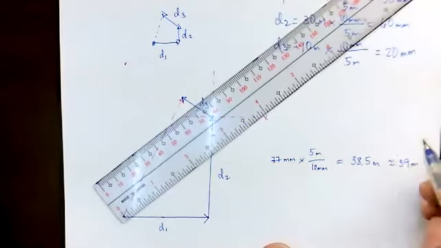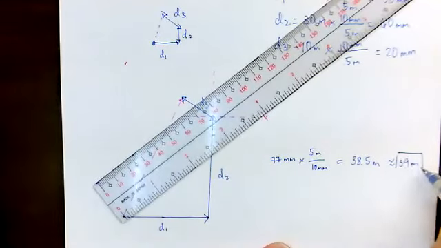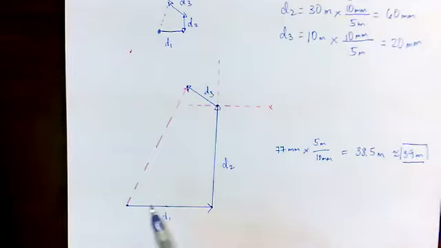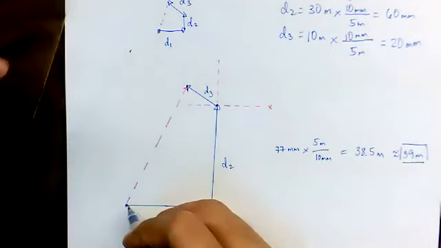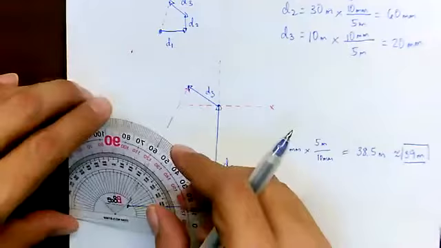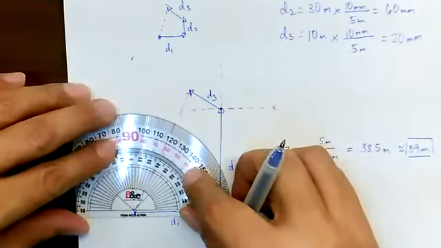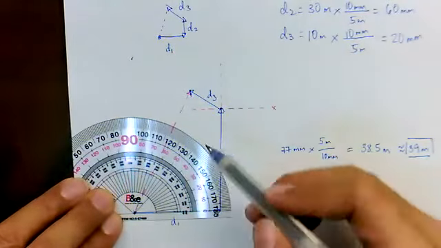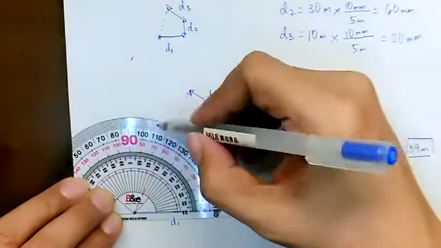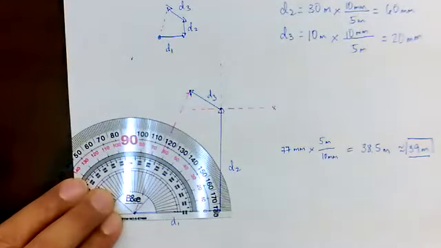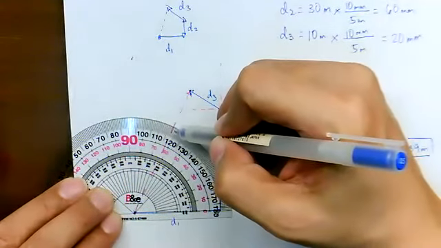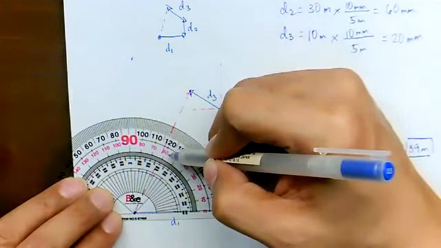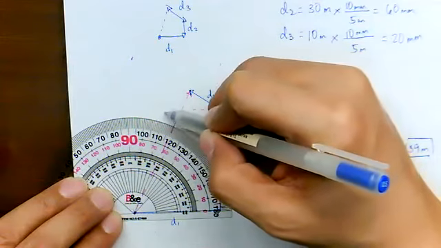Now what we have right now is just the magnitude. How do we get the direction? We put the protractor at the starting point here, and then we measure that this is 63 degrees.